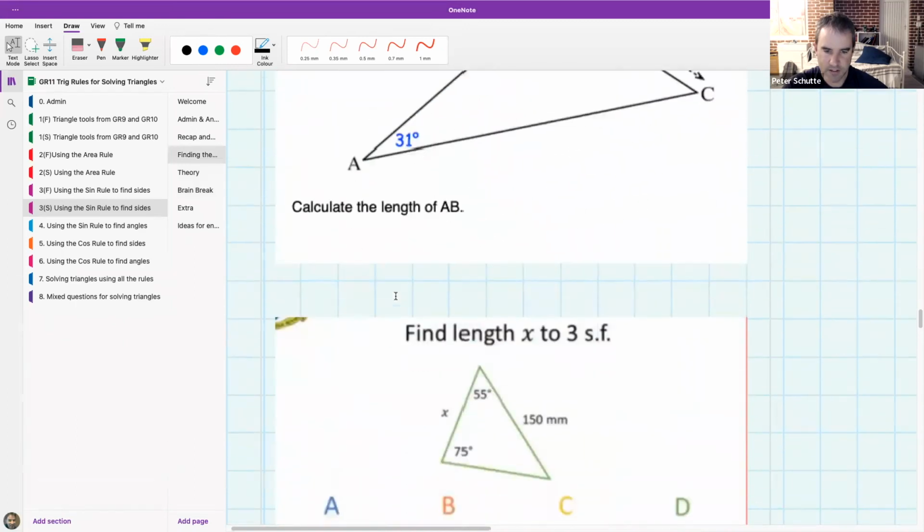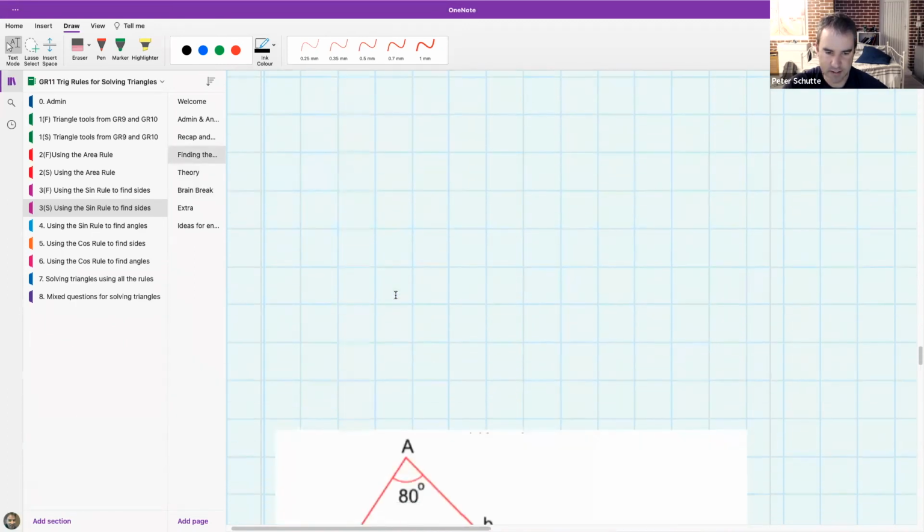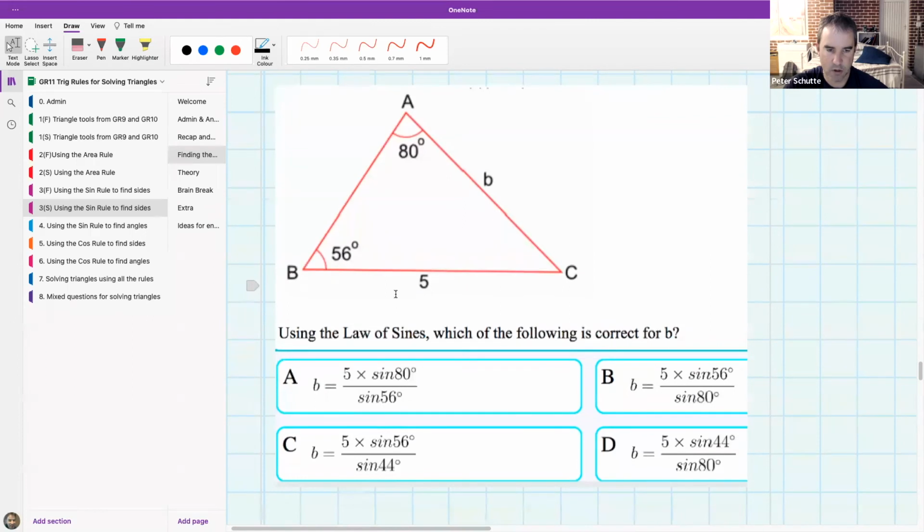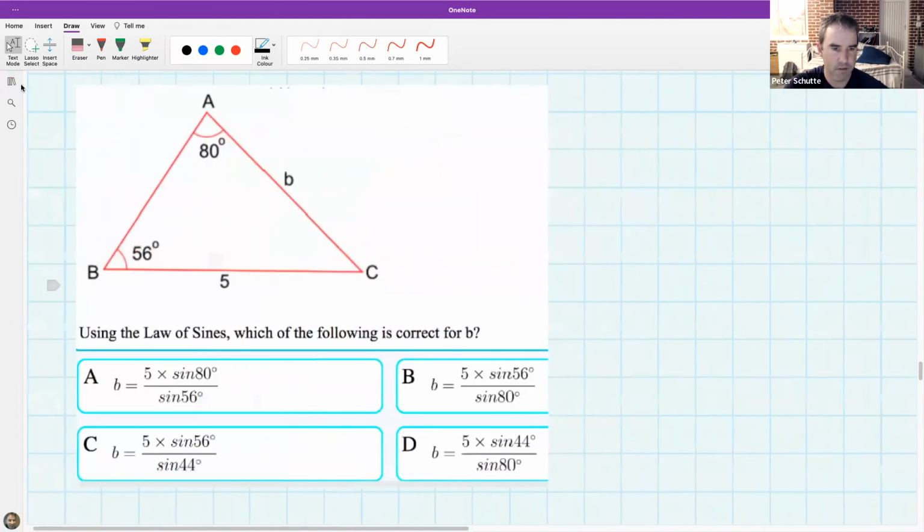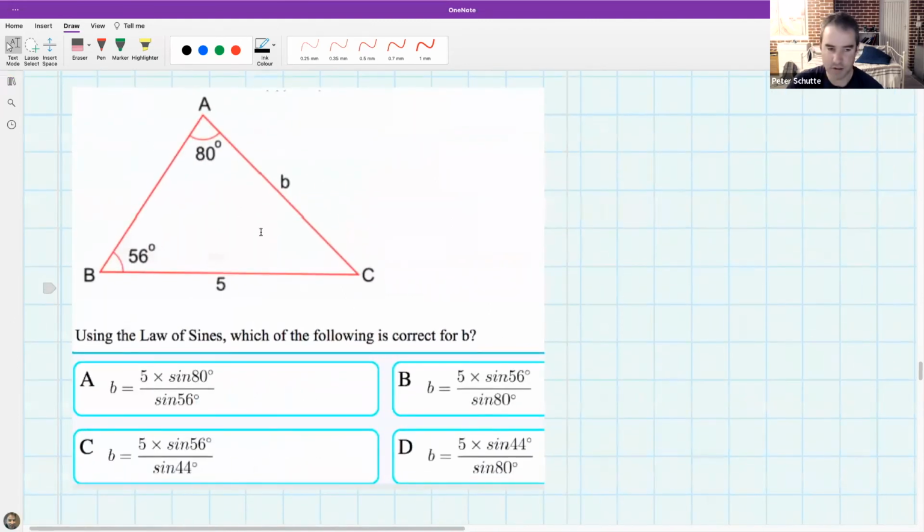So let's go to another multiple choice question. I'm giving you a triangle, and I want you to find an expression for the length of side B. Can you find me the length of side B, or which option corresponds to the length of side B?